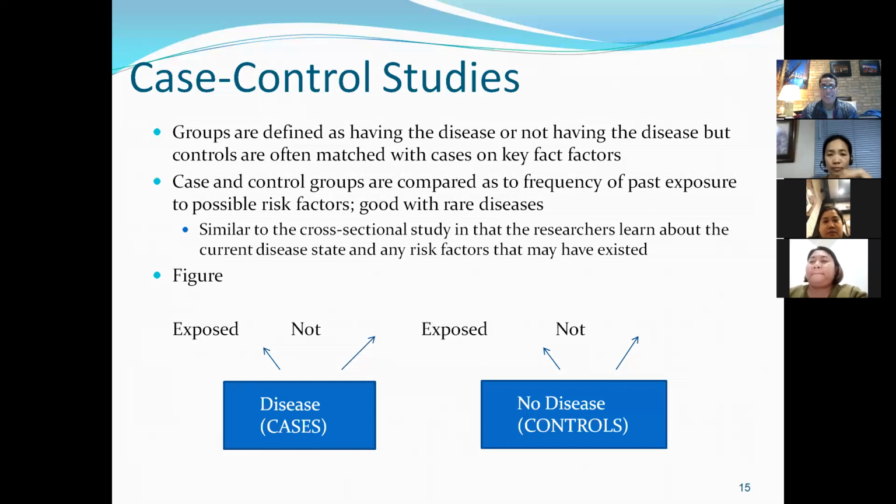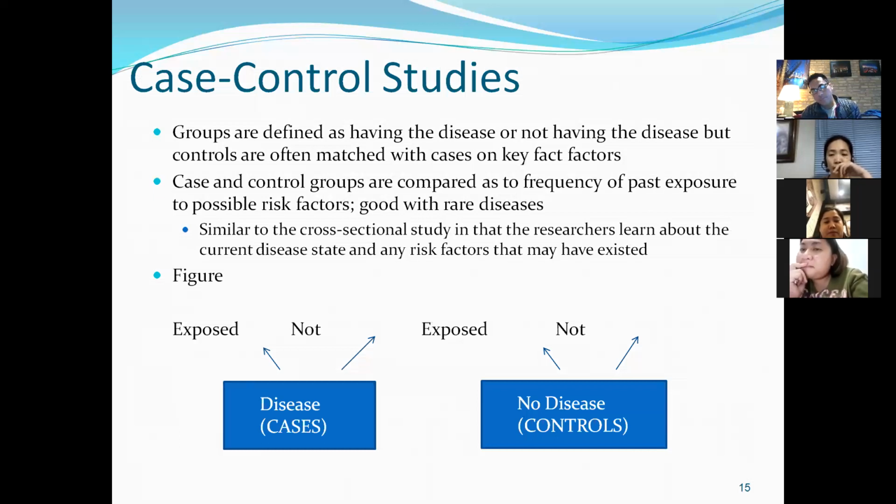that may have existed. And so here on the left side, these are the patients who had the disease, and we call them the cases. And then based on our defined factors, we determine whether they have been exposed or not to those factors.